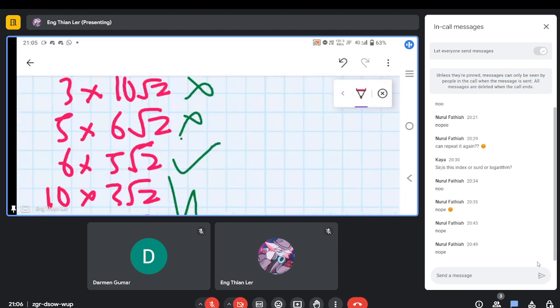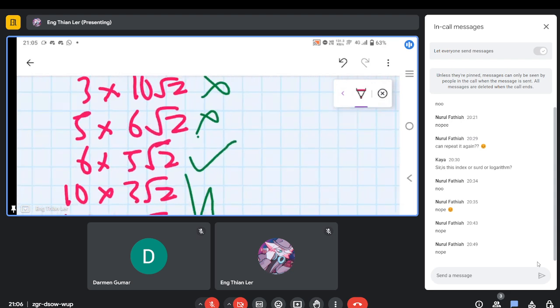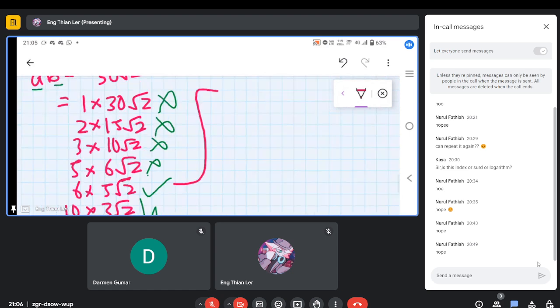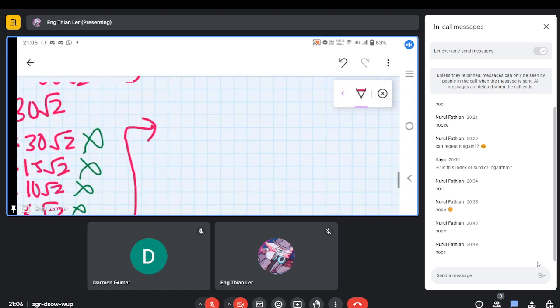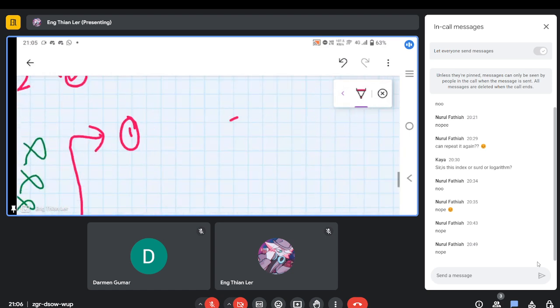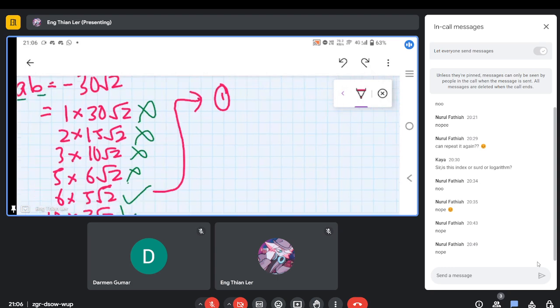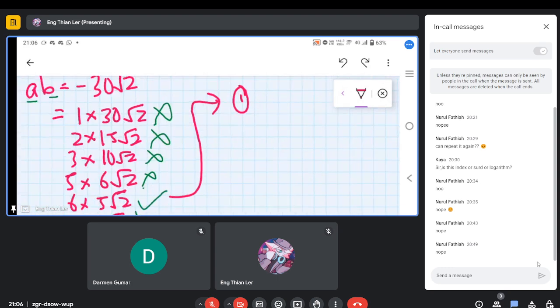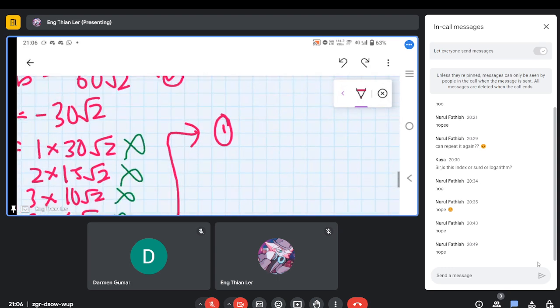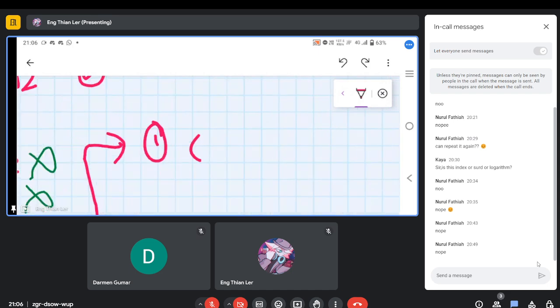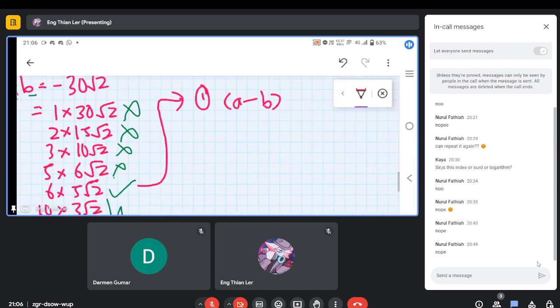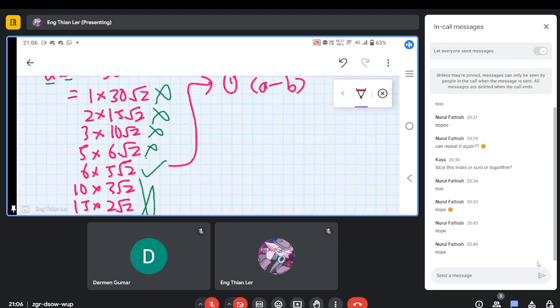Look at this. The 6. So we have two possibilities. Let's list out. We have two possibilities. So 1 and 2. Okay, so we need to write it in the form of a minus b. So which will be a and which will be b, so that a is greater than b.